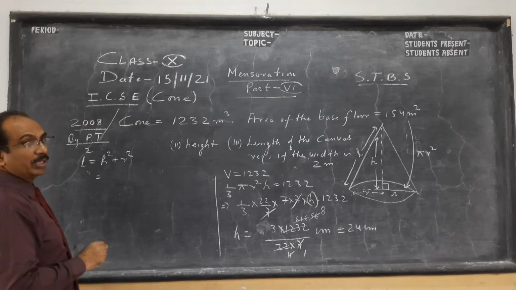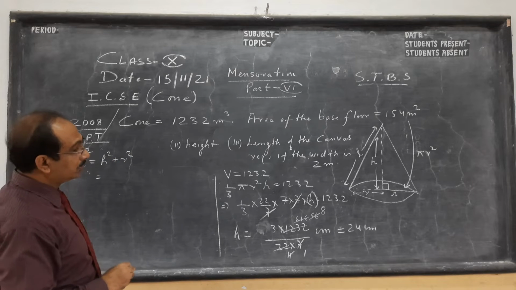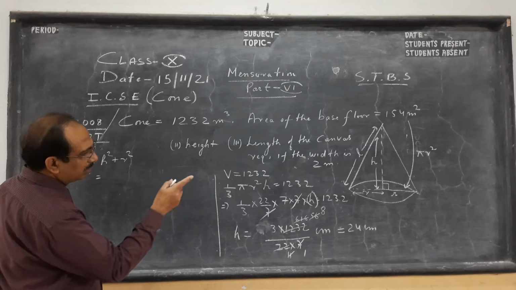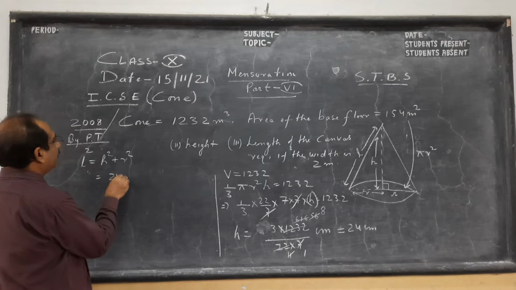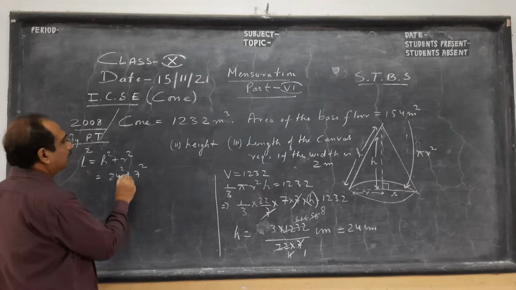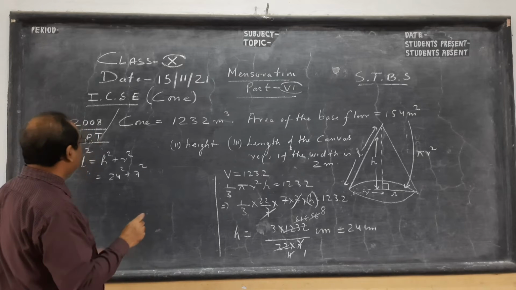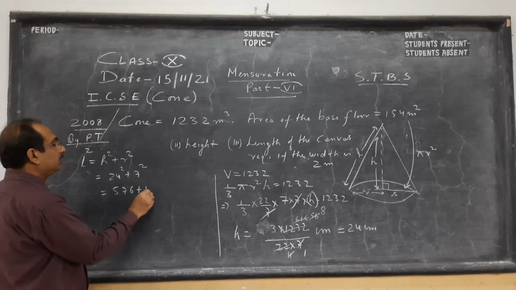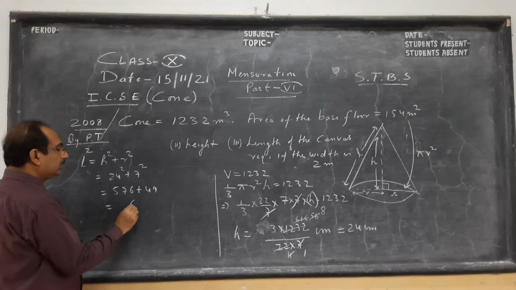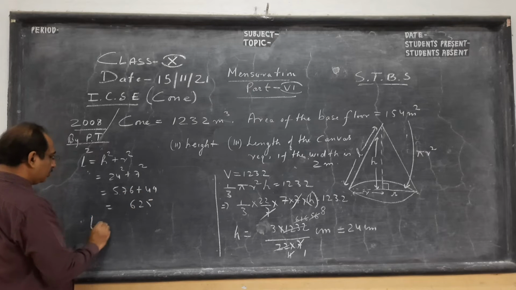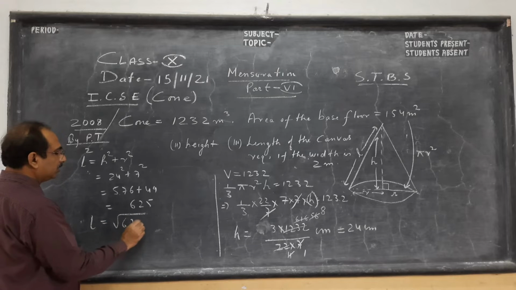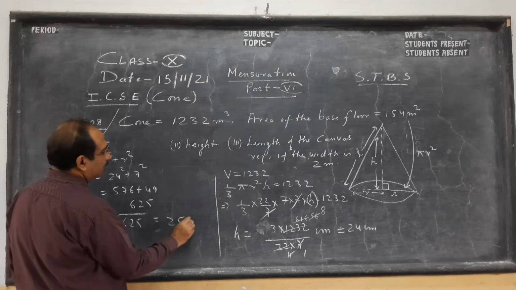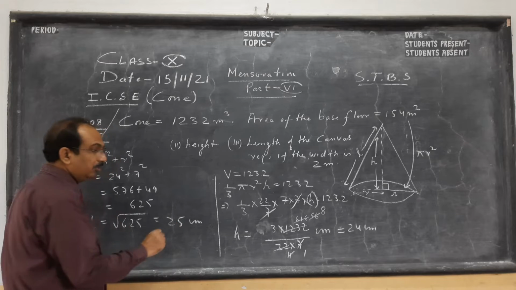This is another Pythagorean triplet, children. So h is 24 square plus 7 square. I think this is the triplet 7, 24, 25. This gives 576 plus 49, you will get 625. So slant height L will be root over 625. Positive value we have to take.